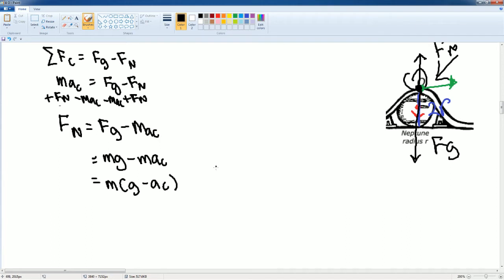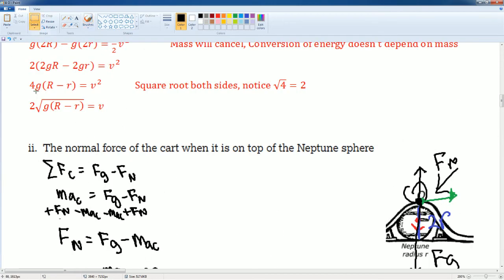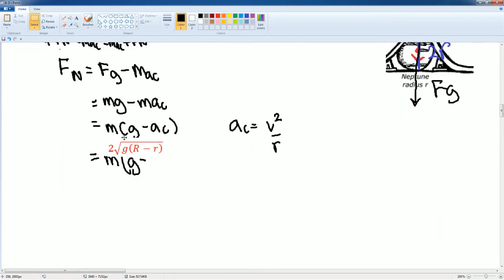We know that AC is equal to v squared over r. So g minus, do we know what v is? Yes, we do. It's right here. We can put that here, but be very careful. You have to square this, and this is going to be over r. So that looks like, this is ugly.